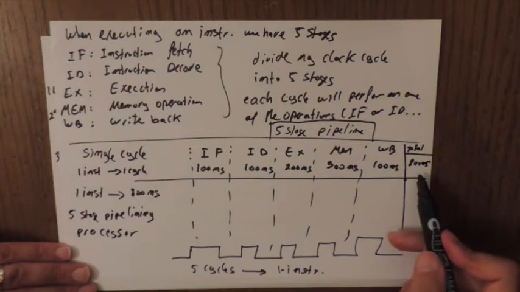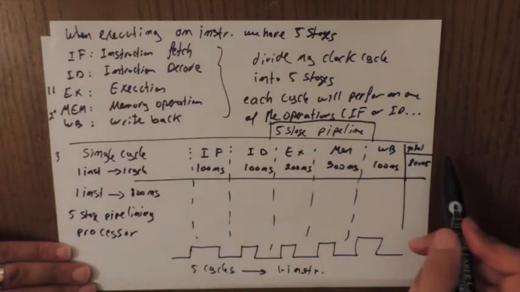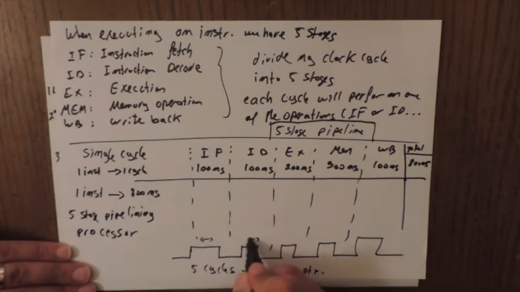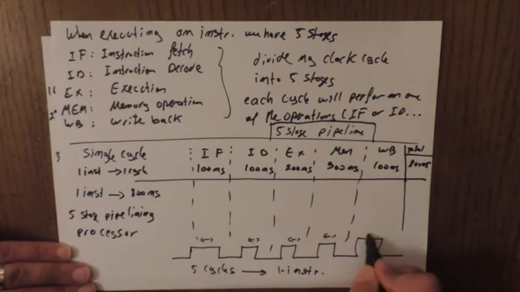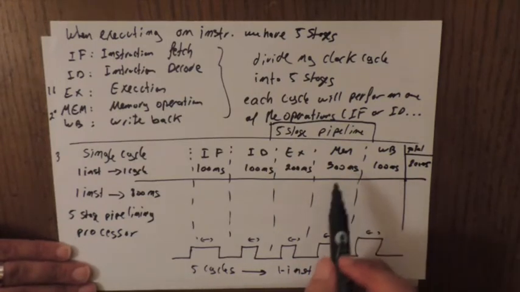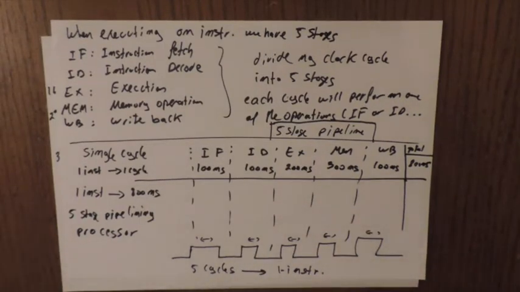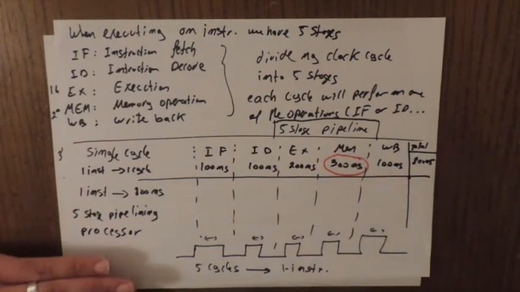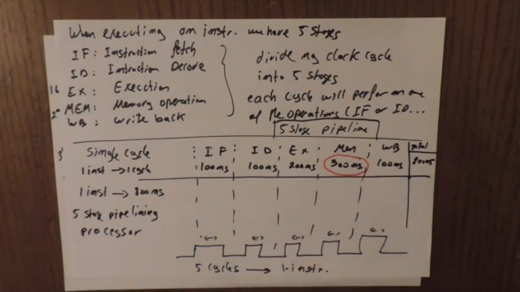Okay, so as you know, I cannot use different sizes for each clock cycle. In the previous one, in the single cycle, I just had 1 cycle. However, in the 5-stage pipeline processor, I have 5 cycles. Each cycle should be equal in length. So I need to choose one of these numbers to represent my frequency. So in this case, I'm going to use the slowest part. I'm going to use this guy to be my frequency. Why?